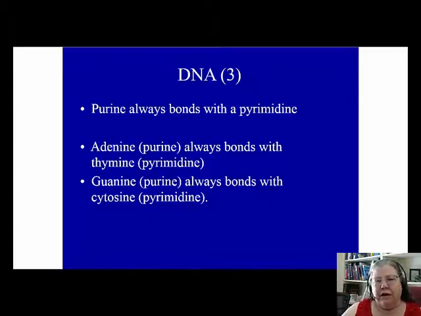So a purine always bonds with a pyrimidine, and more specifically, adenine always bonds with thymine, A and T, and guanine always bonds with cytosine, G and C.